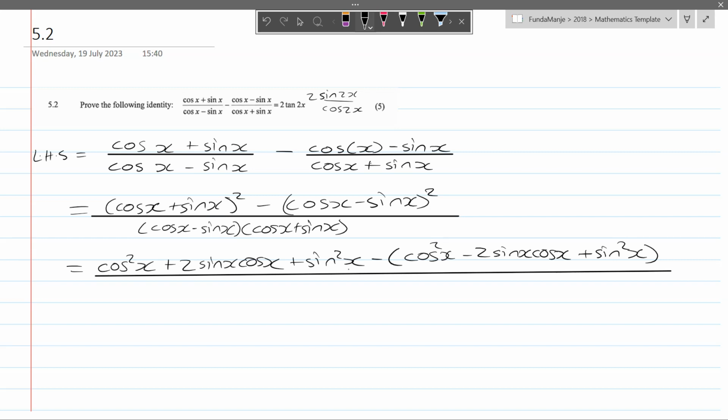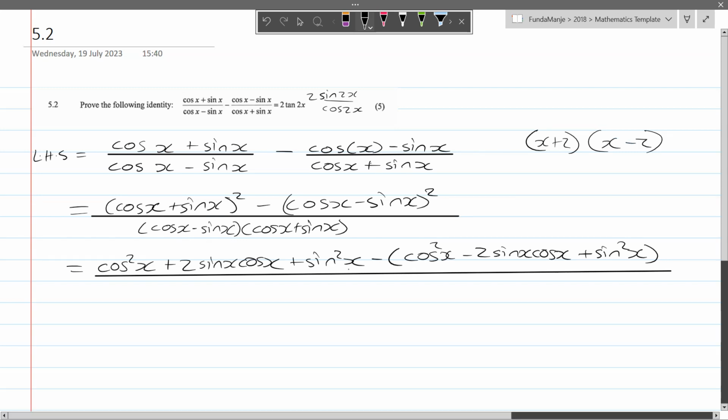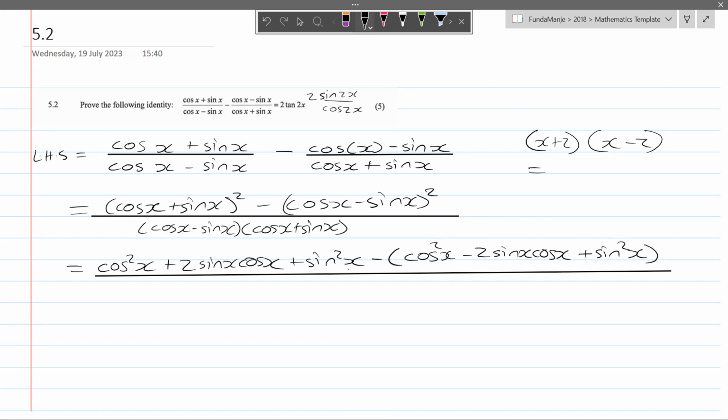but we can simplify this, because what do we see here? We see cos x minus sine x and cos x plus sine x. Where do we usually see something like this? This is usually seen in x plus 2, x minus 2. What you have is difference of two squares.